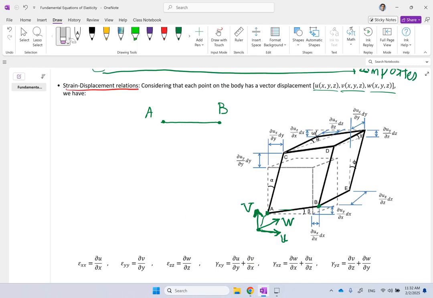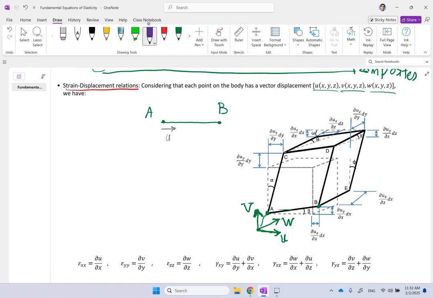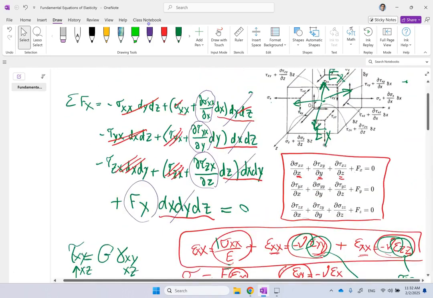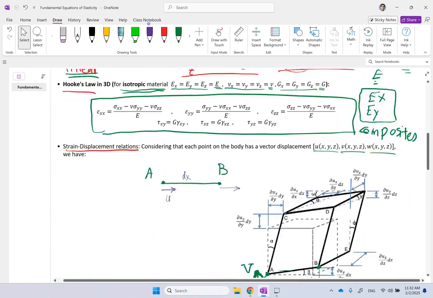So how can I relate the strains to the displacement? Remember, this point here moves by u. The length of the element is dx. Now, how much does this other point move? Well, similar to the stresses, remember how we added the first term of the Taylor expansion to show how much the stress has changed. We do a very similar thing for the u's and v's.